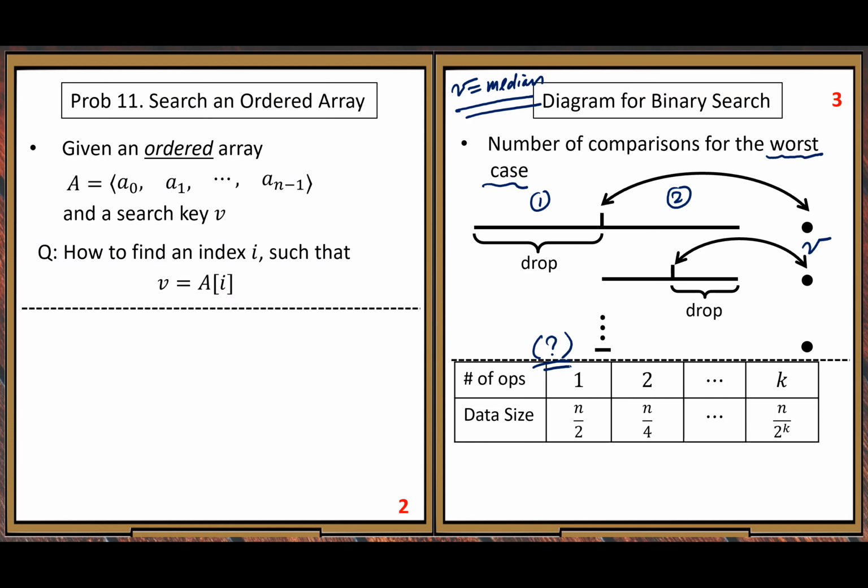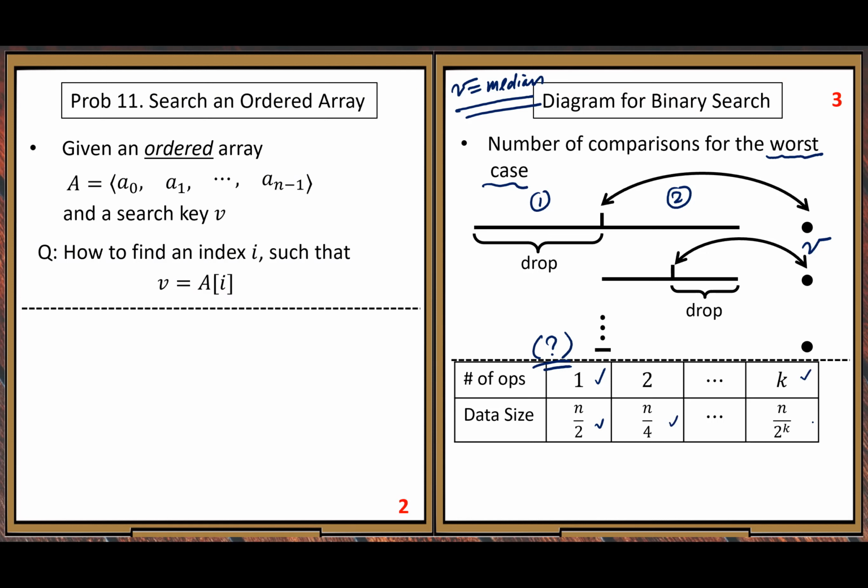Let us draw this chart to understand the data reduction procedure. Number of ops, number of comparisons. The first comparison cuts the data size to 1/2 of the original. Second comparison, then the remaining data size is 1/4 of the original, and so on.